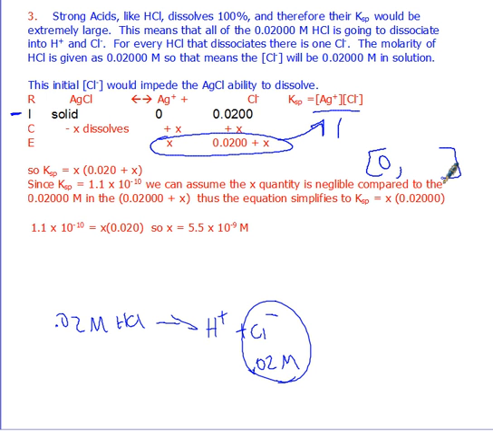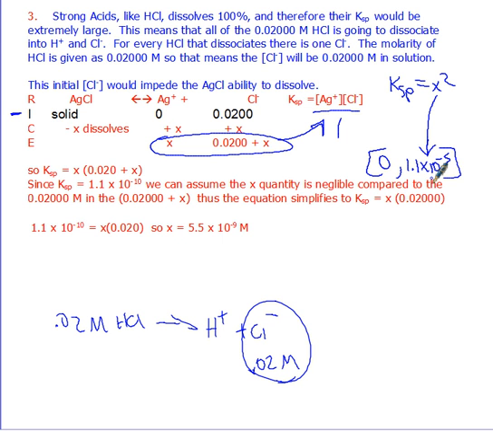And in this case, you'd use Ksp is equal to x squared to find the max value, as if this term wasn't here, you could figure out the maximum value for x. And so we take a square root of 1.1 times 10 to the minus 10th. So that would be, let's say, like 1.1 times 10 to the minus 5th or something like that. So those would be the boundaries you would use in the solver function approximately. You really need to take a true square root of this number to find that other boundary.